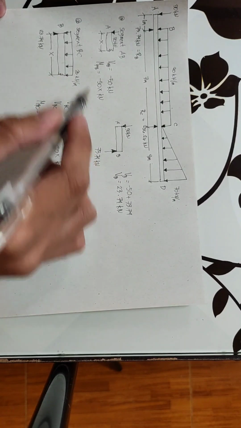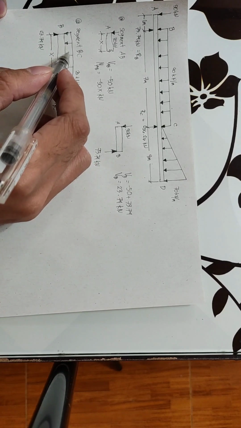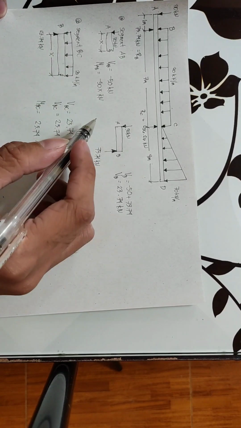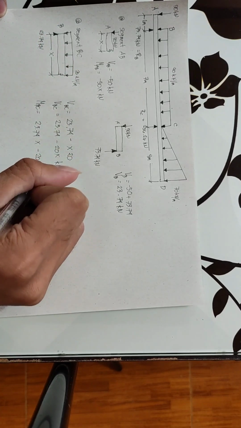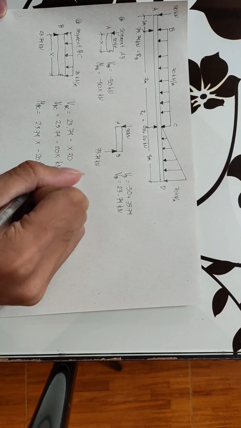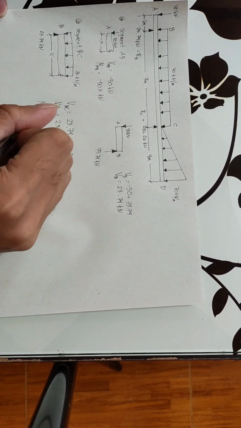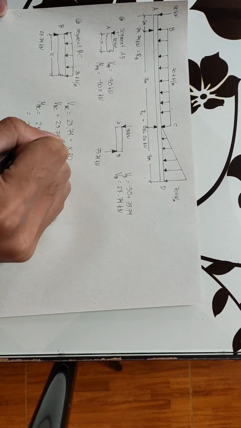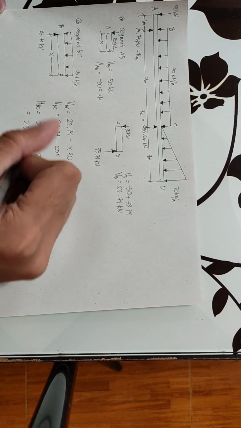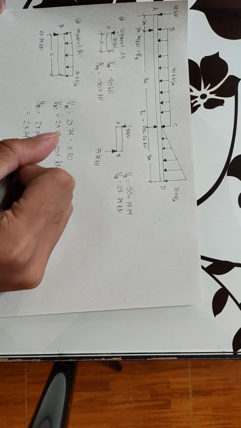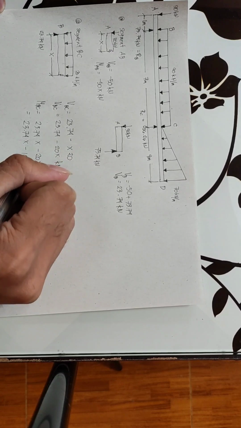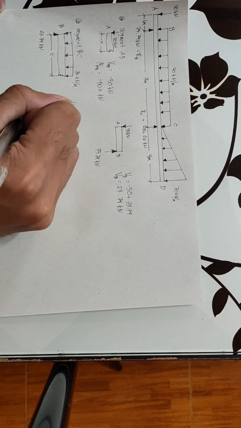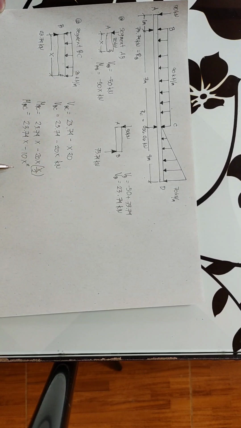The centroid of this one is 1/2 times the distance x, therefore it's x over 2. So simplifying, it's 23.74x minus 20 over 2, which is 10 times x squared. So the moment at BC will be this one.